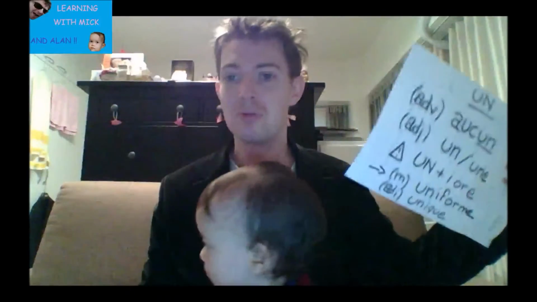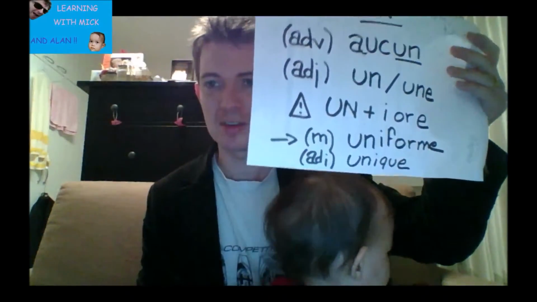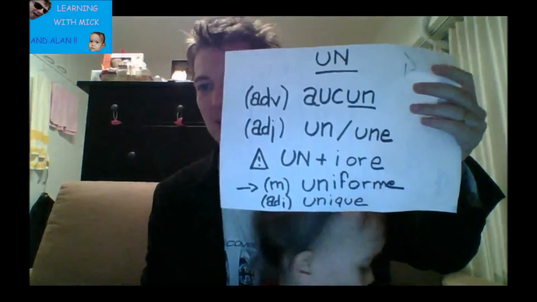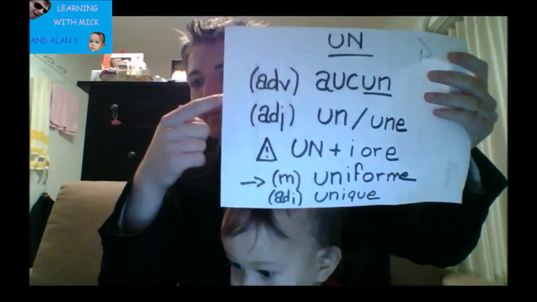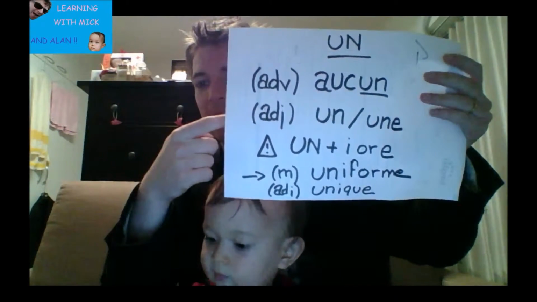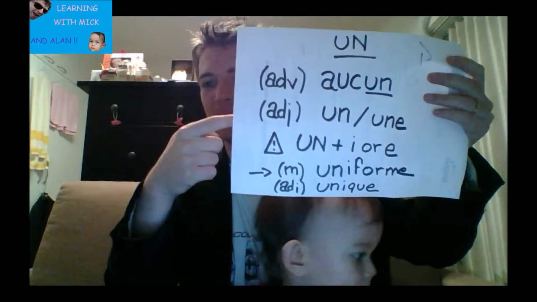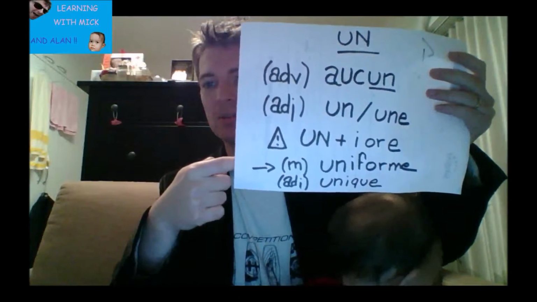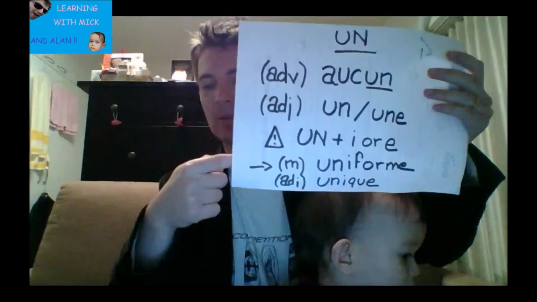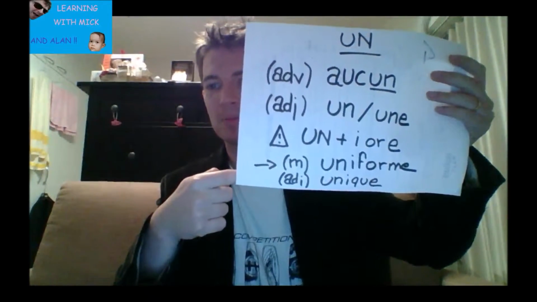In French, it is never pronounced that way. Uniforme et unique. Let's say these words one more time. Aucun. Un. Une. Uniforme. Unique. Great.